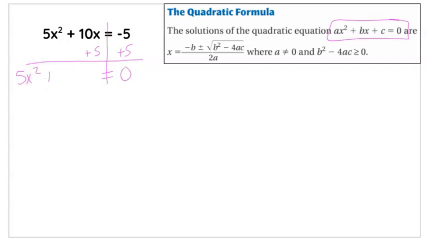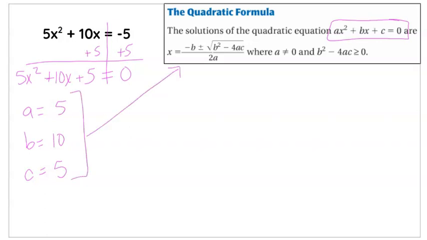So we have 5x squared plus 10x plus 5. We can't put any of those together because they're not like terms. So now we can just identify our A, our B, and our C. A is 5, B is 10, and C is 5. We plug these values into our quadratic formula.